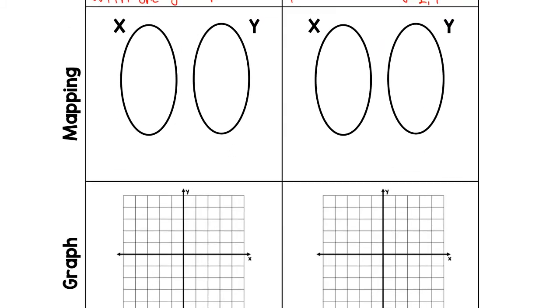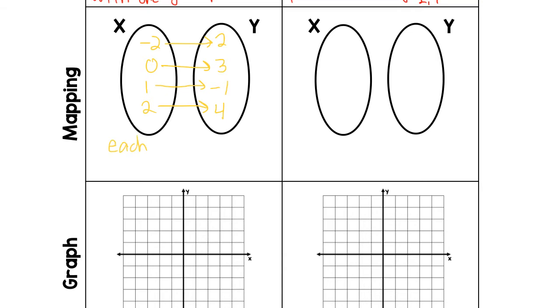Next, we've got a mapping. Let's put some example points in here. If we've got a domain of -2, 0, 1, and 2, and a range of 2, 3, -1, and 4, and each of these x values goes to a different y value, this is a function.